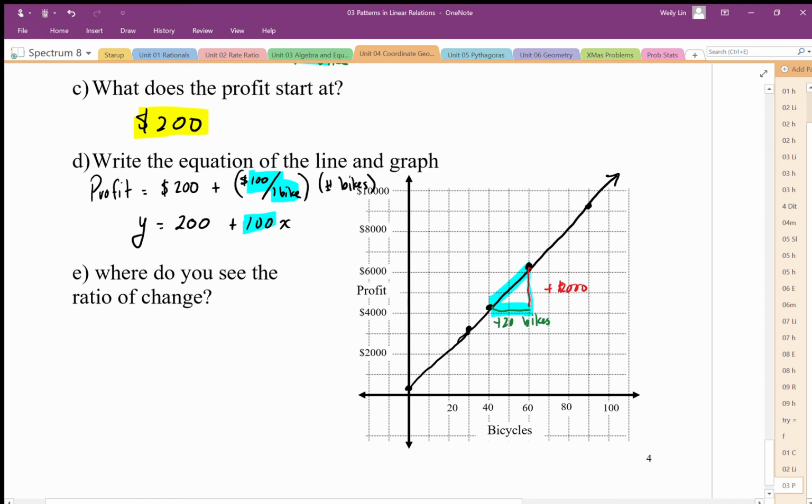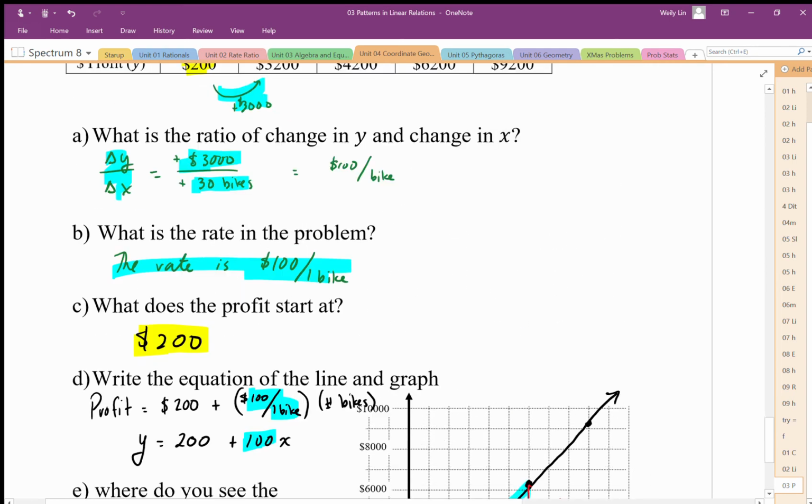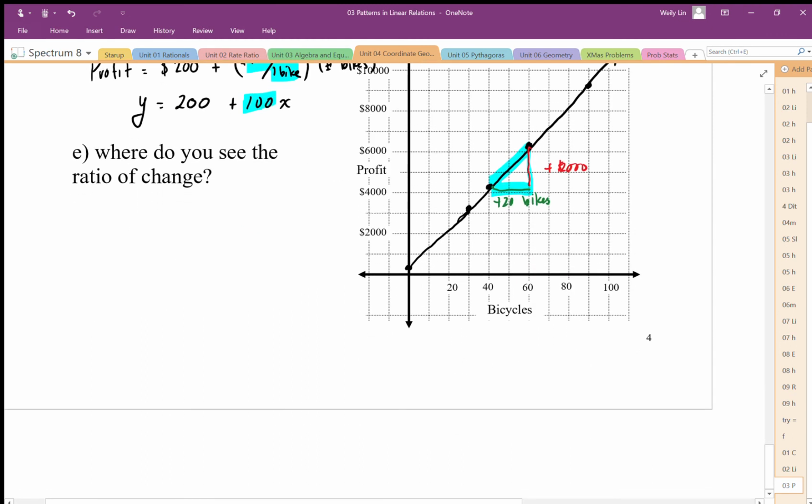So where do we see the ratio of change? We see it in the triangle here. We see it as a multiplier. We also see it in the changes on the outside of the table. So I'm going to write those down. Number one, I see it in the slope triangle. It's the multiplier in the equation.